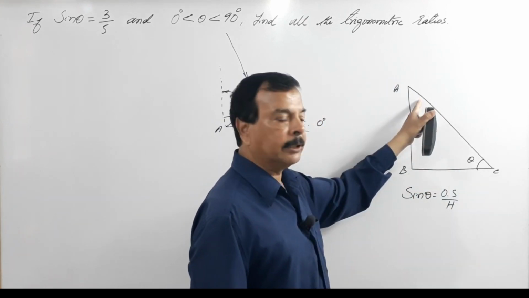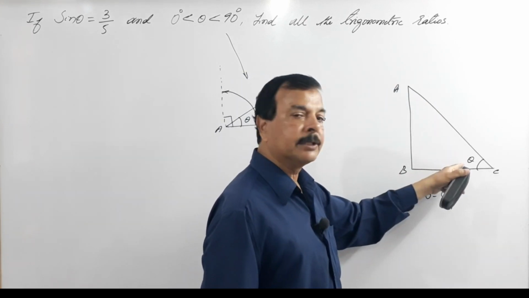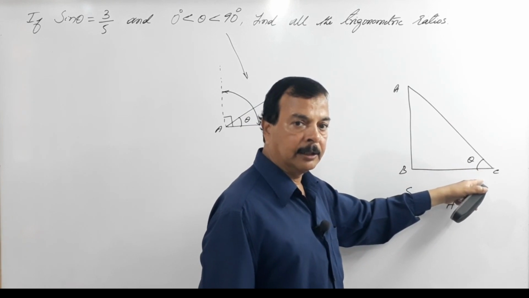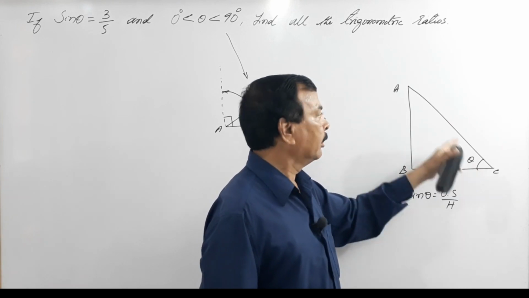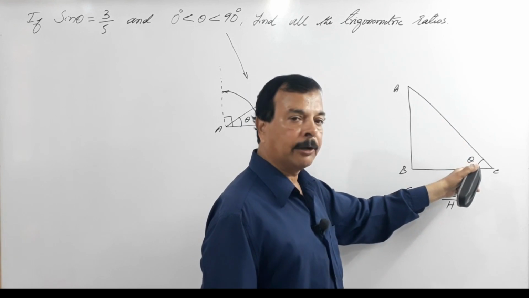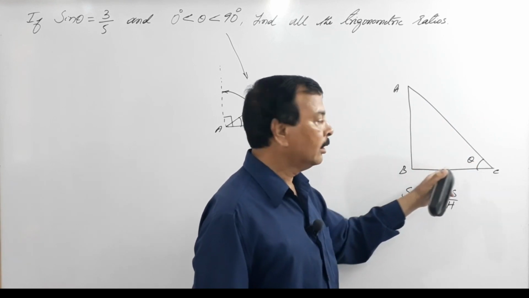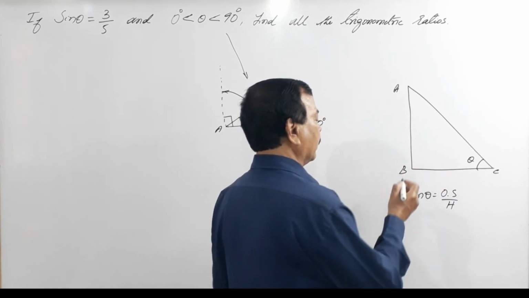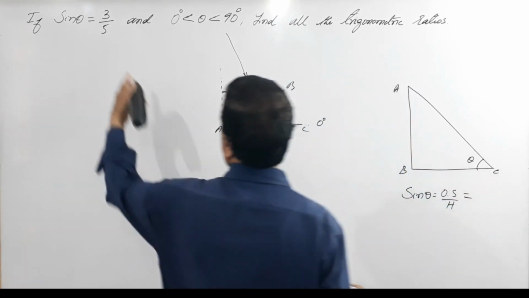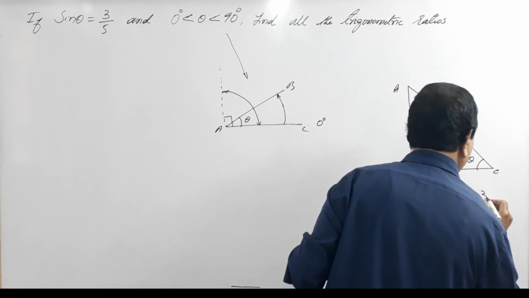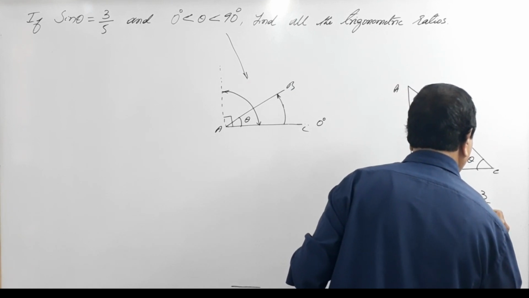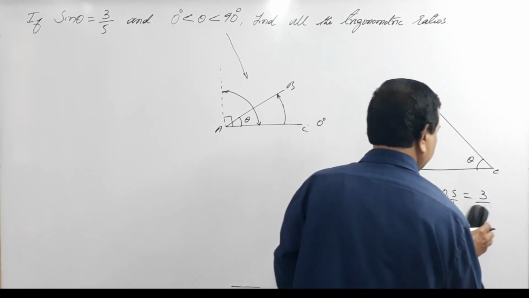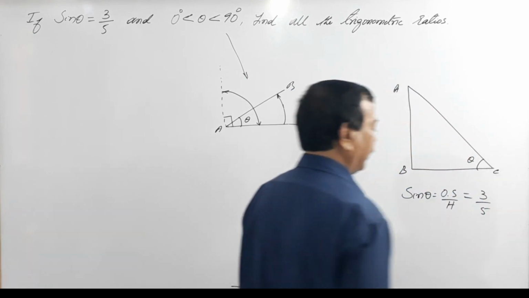If you make this theta, this will be the opposite side, but I have chosen this as theta, which is also an acute angle. Even this is an acute angle, but this is a right angle triangle. So if you treat this as theta, the opposite side will be what? He has given opposite side is 3, hypotenuse is 5.